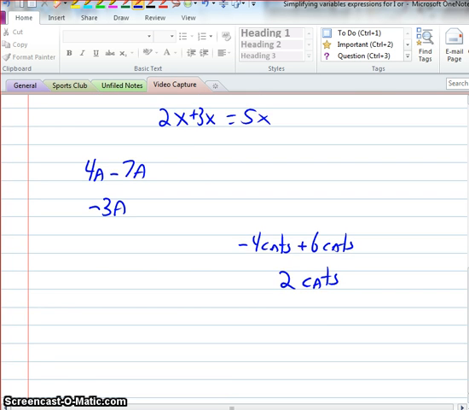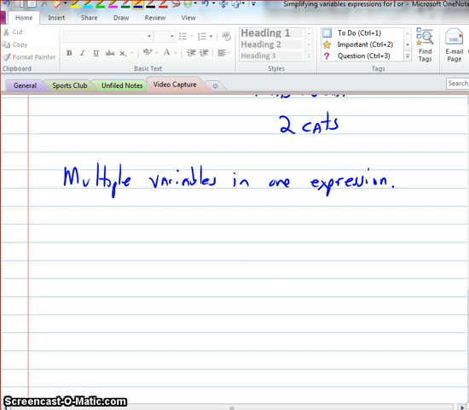Next thing you know, you can have multiple variables in one expression. And if anybody wants to take a guess of the possible number of multiple variables you can have, well, it's actually infinite.